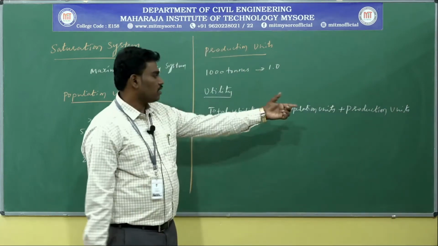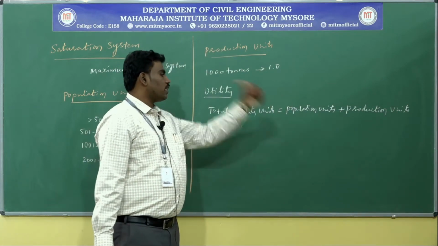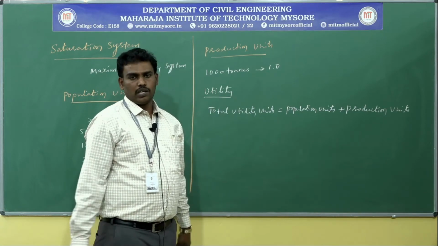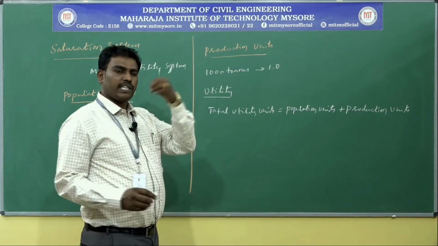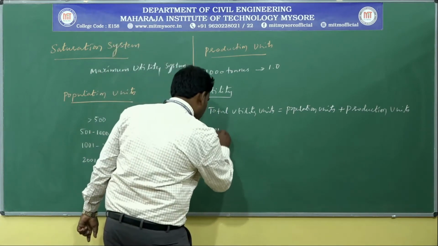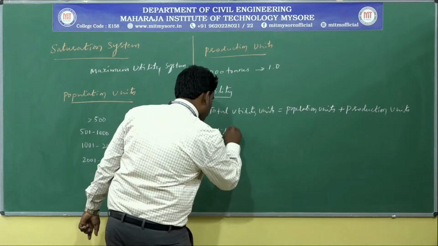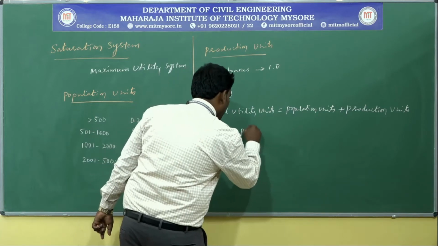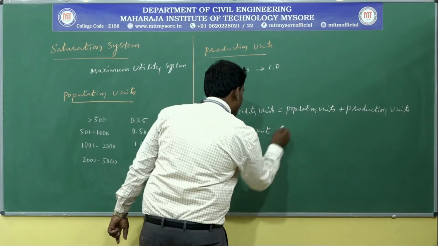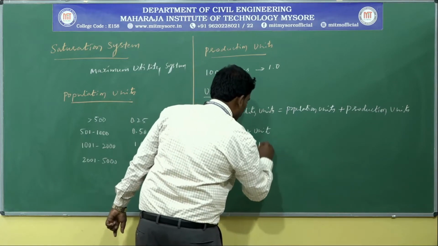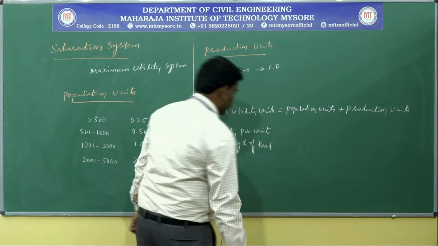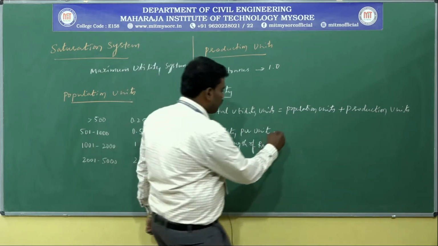Okay, if you add it together, will give the total utility units. Then, if you want the utility per unit length of road, then it's very simple.